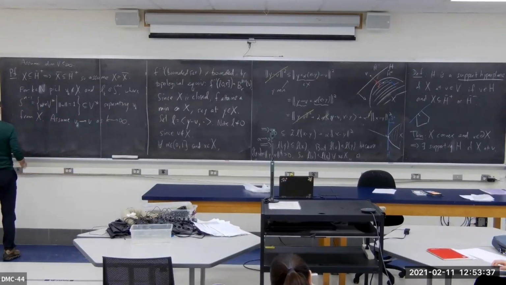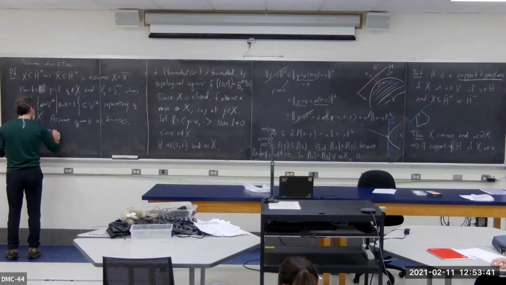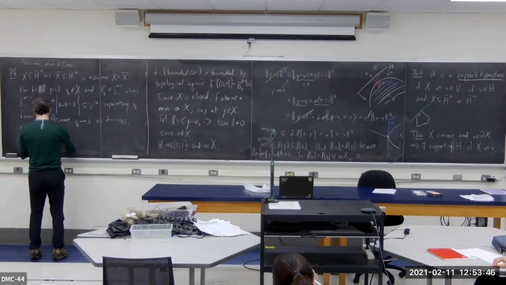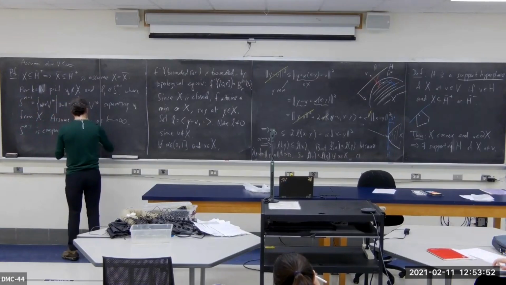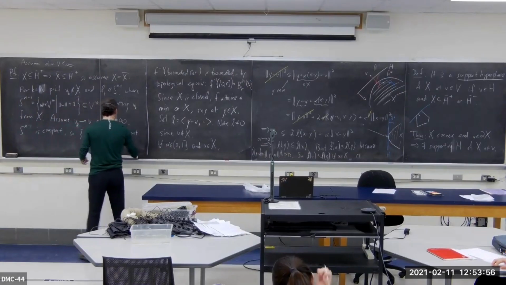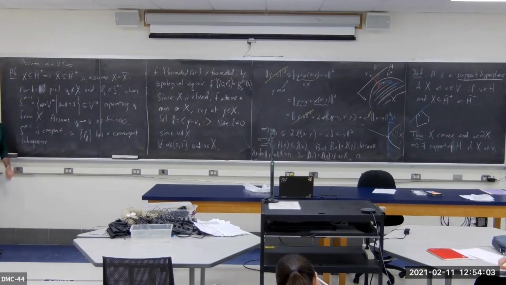Okay, so S^(n-1) is compact, that is closed and bounded. So this sequence l_k has a convergent subsequence. I'm not going to prove that in this class, but hopefully this gives you some idea that compact sets are nice and useful.